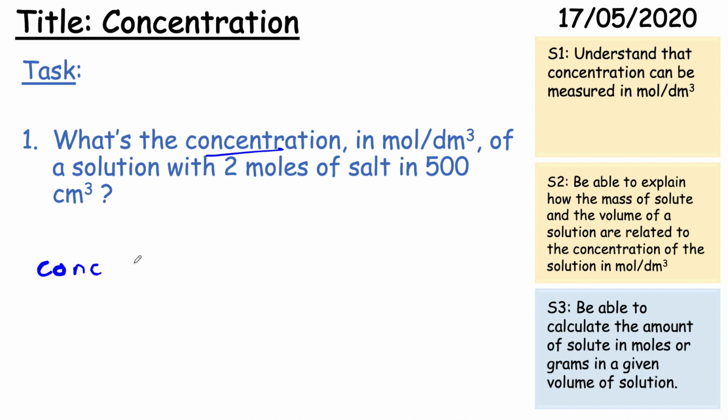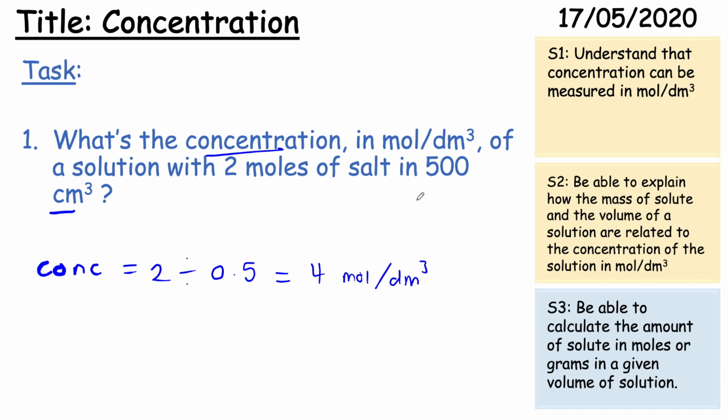So conc equals moles, in this case 2, divided by the volume in decimeters cubed. Now our 500 here is in centimeters cubed. So in order to get that into decimeters cubed, we have to divide by 1000 and we get 0.5 decimeters cubed. And once you've done that calculation, you'll get 4 moles per decimeter cubed.